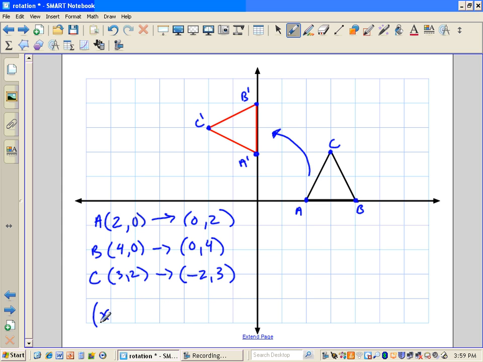If we take the generic (x, y), the x has become the y, so we're going to put the x in the y position. And it's hard to tell with the zeros, but the y value became negative. So our rule for 90 degrees is (x, y) becomes (negative y, x). This was a 90-degree counterclockwise rotation.